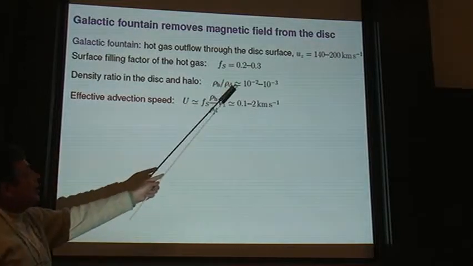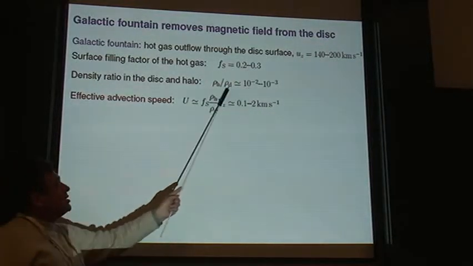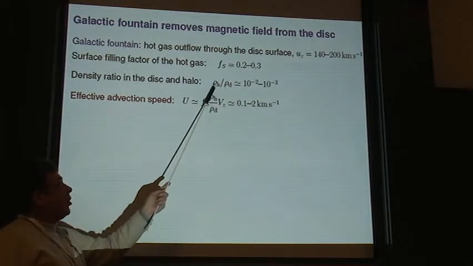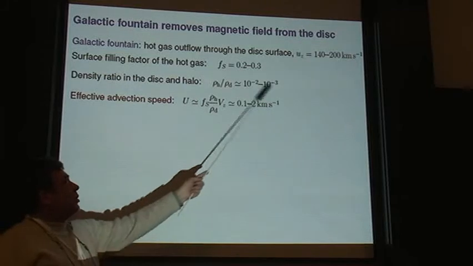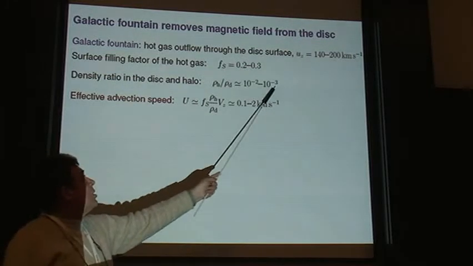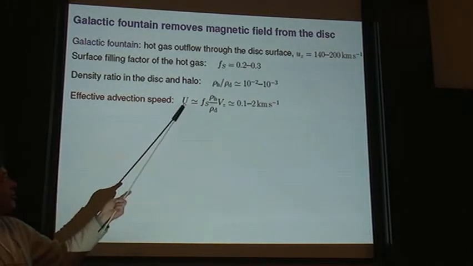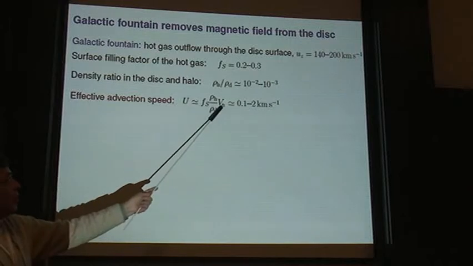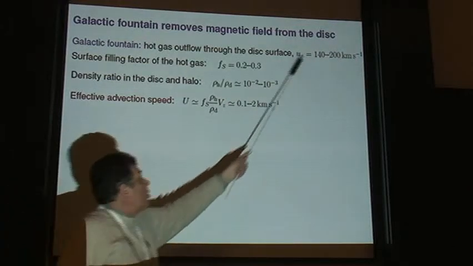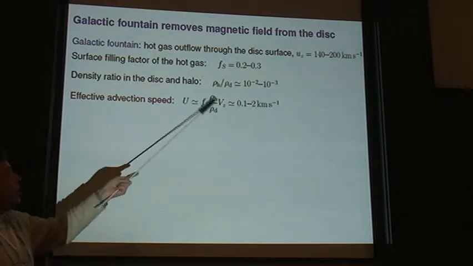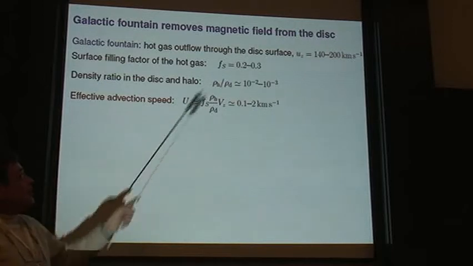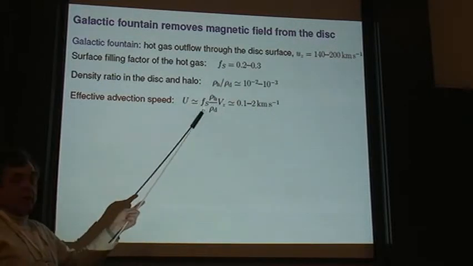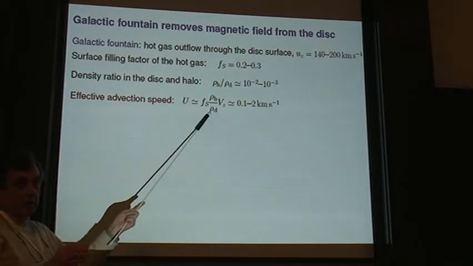The ratio of the average gas density to the gas density in the hot gas in the galaxy is of the order of 1% or 1/10%. Then the mass average vertical velocity will be equal to the velocity of the hot gas times the ratio of the two densities plus the filling factor. Here I want to take into account that this hot gas can occupy not the whole disk.